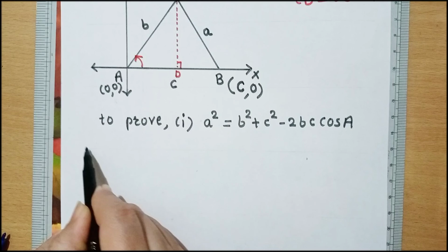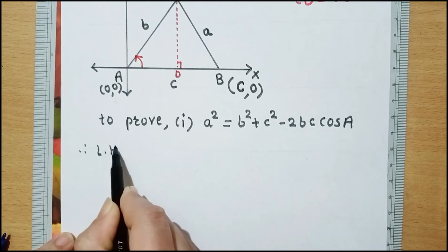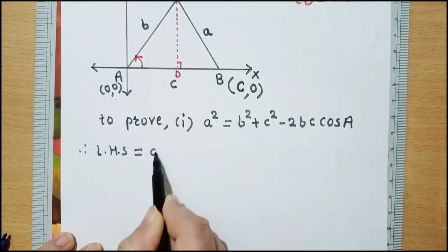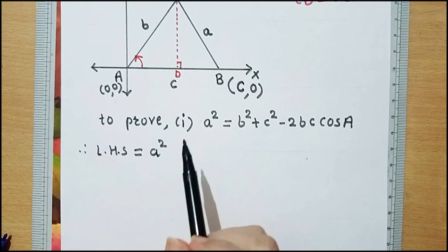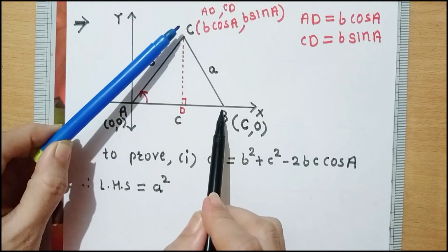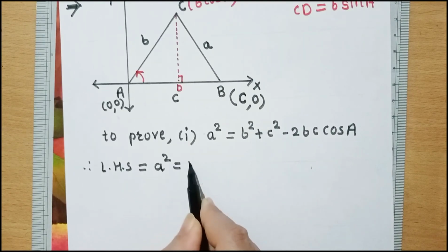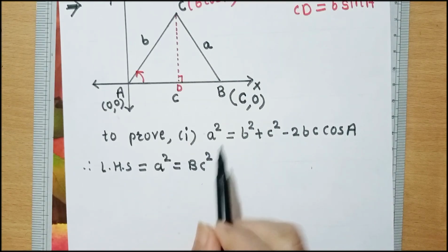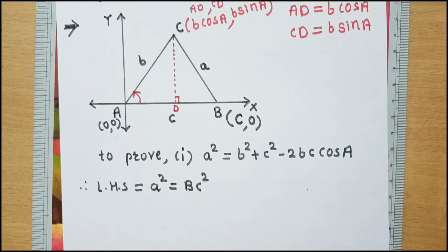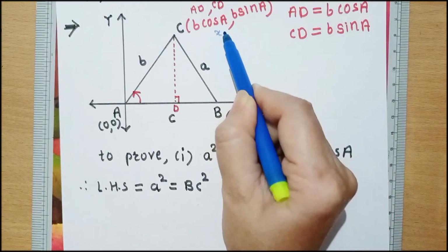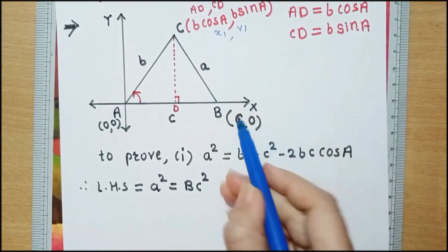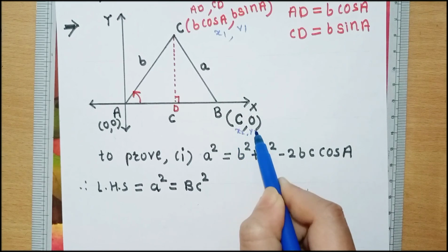Consider LHS, therefore LHS equals a square, and a square means this much distance, that means BC square, and here we will use the distance formula. We will consider this as x1 y1 and this as x2 y2.